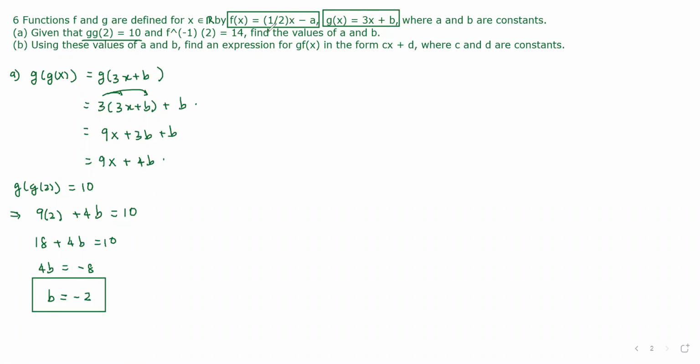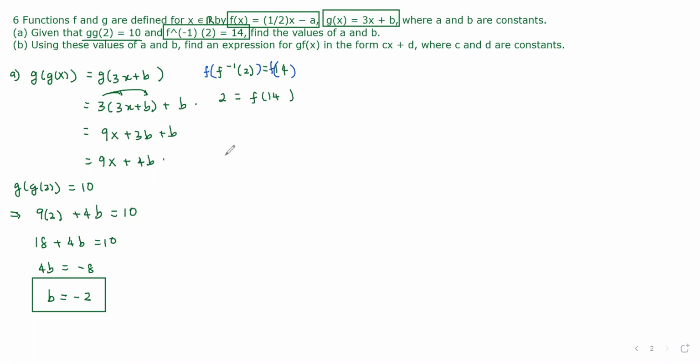Find the value of a. From the second part here, f inverse of 2 is 14. Instead of finding the inverse function, you can do this: you see that 2 is f of 14.